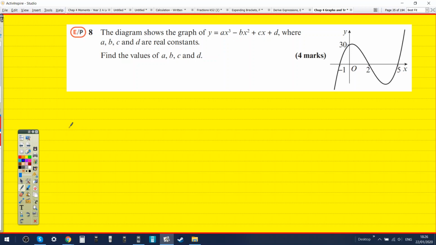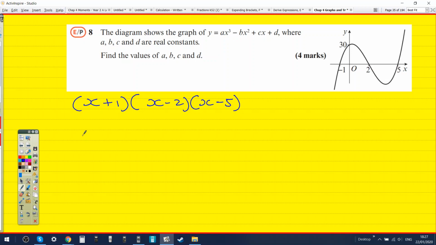So x plus 1, and then x minus 2, x minus 5. And is that correct? No. Why not? That times to 10. Right. So what do we have to do?